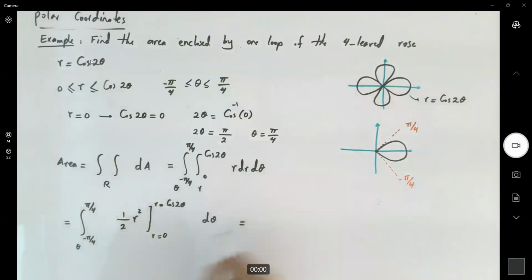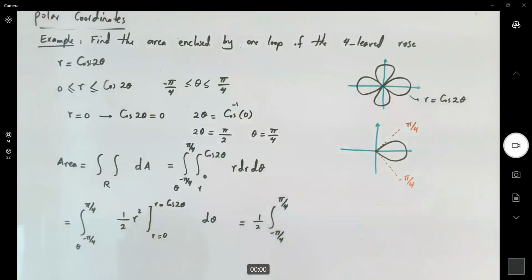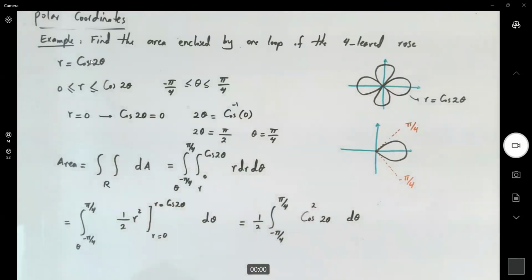This guy becomes, well, you can take this half, write it in front of the integral, negative pi over 4 to pi over 4, and here you have cosine squared of 2 theta d theta.